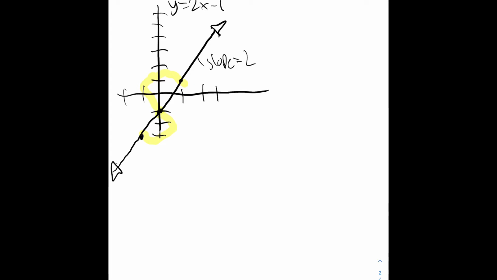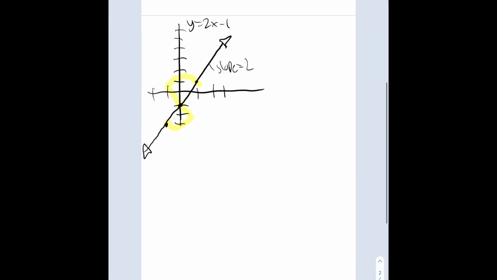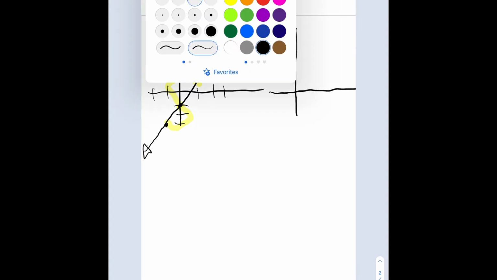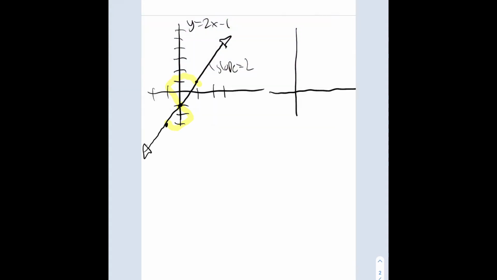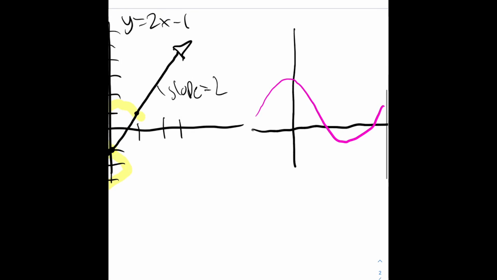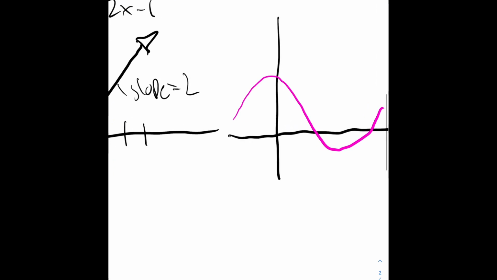But if I compare that to maybe a graph that looks like this, something like this, I'm going to have slopes that vary throughout the whole thing.